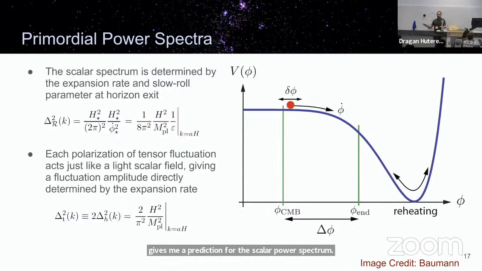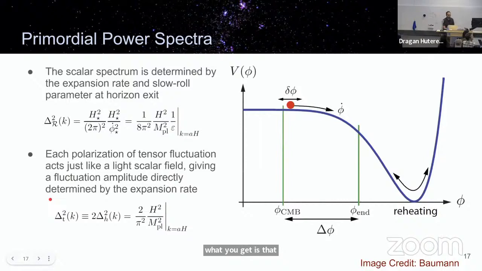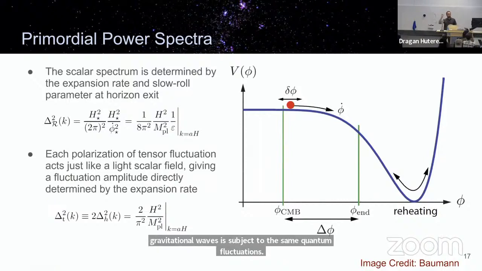Okay, the same story that I just went through for the scalars follows through for the tensors as well. Each polarization of the tensor fluctuations, or primordial gravitational waves, is subject to the exact same quantum fluctuations and goes through the same evolution. The constants are a little bit different, but there is no effect on the duration of inflation from the perturbation to the metric.